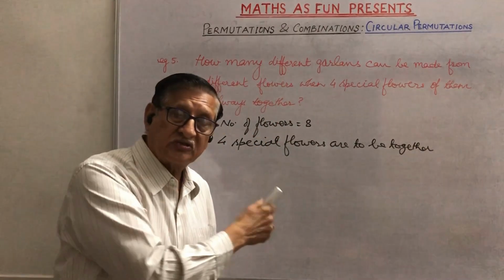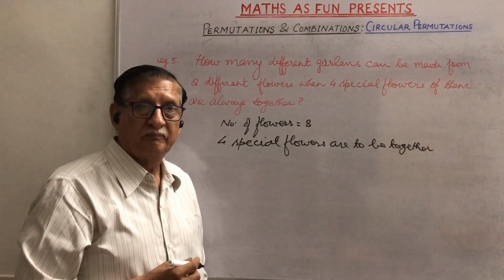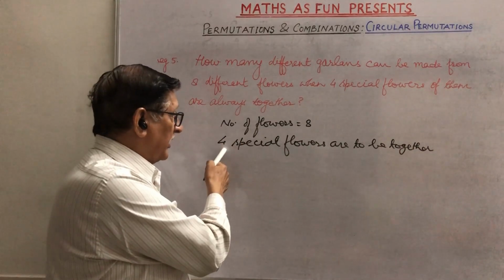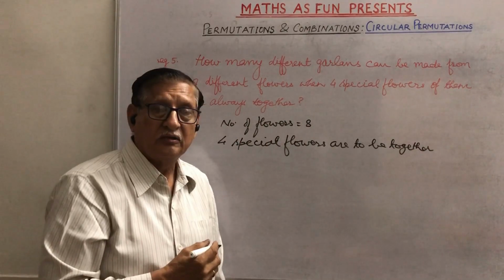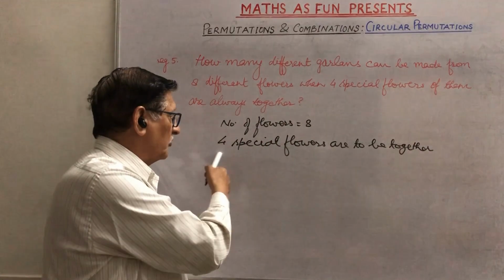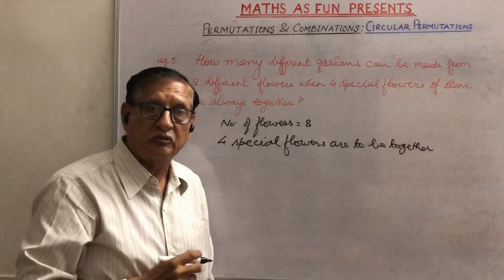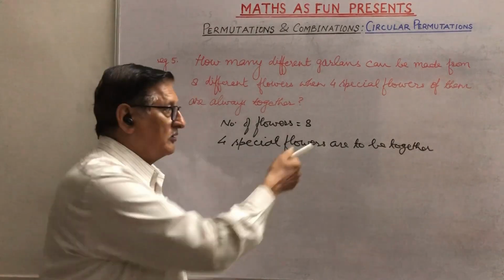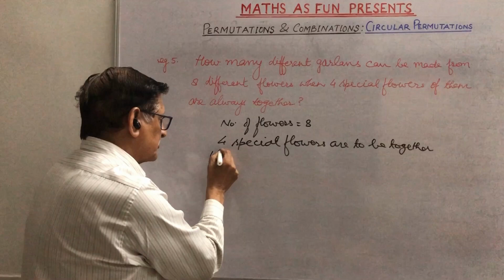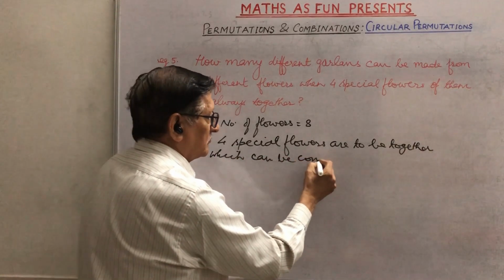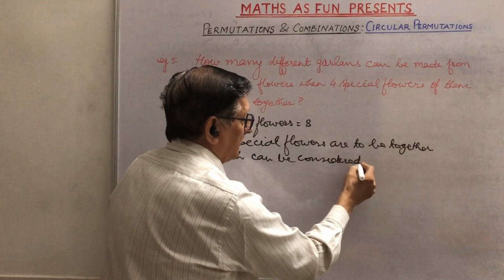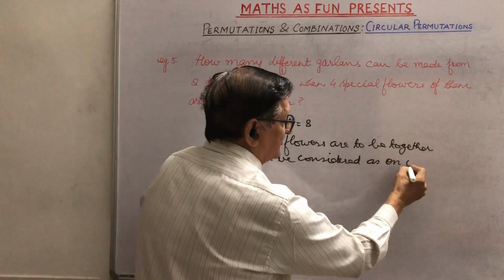So this is also a restriction here. And we know in case 4 objects out of 8 objects are always together, then we consider these 4 as one particular object, which can be considered as one object.